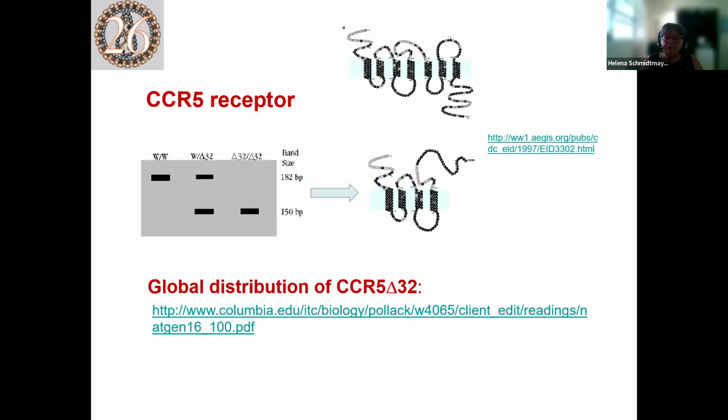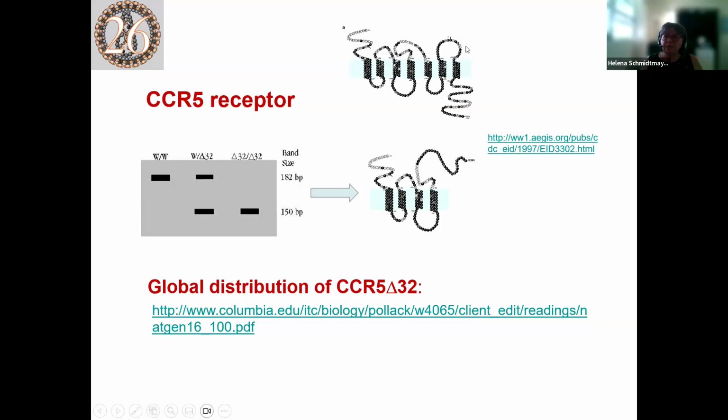It is because they carry a mutation in the gene for CCR5, the so-called CCR5 delta 32, meaning that the gene for CCR5 in these individuals has a deletion of 32 base pairs within the CCR5 region.